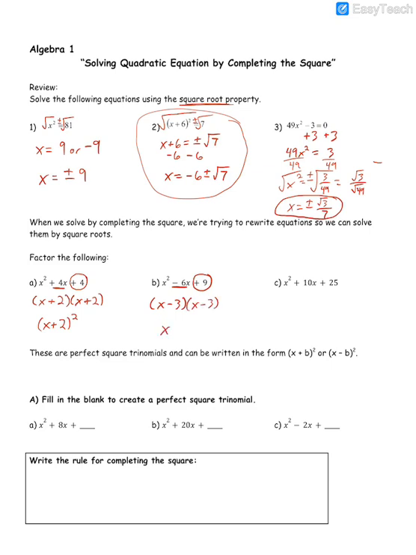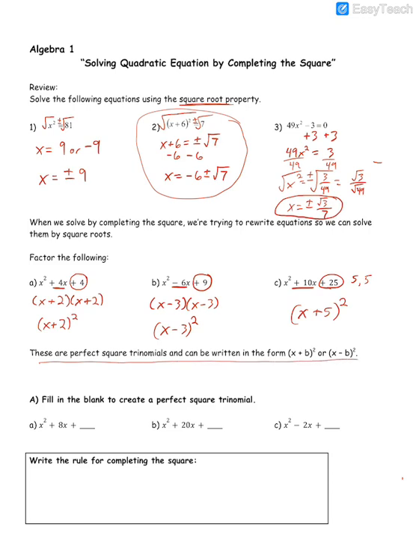And some people already know, hey, it's the same number twice. Negative 3 times negative 3 gives me positive 9, negative 3 plus negative 3 gives negative 6, so you can write it like that. And over here, let's just skip the step. They multiply to 25, and they add up to 10. That's going to be 5 and 5. So I can just say x plus 5 squared. That's what we're trying to do. These are perfect square trinomials. They can be written like that.